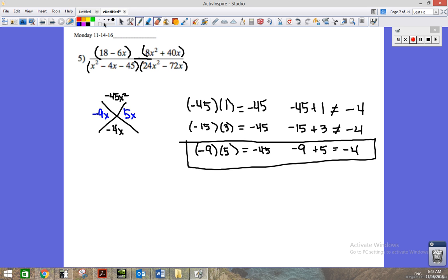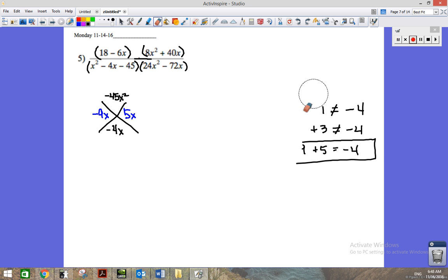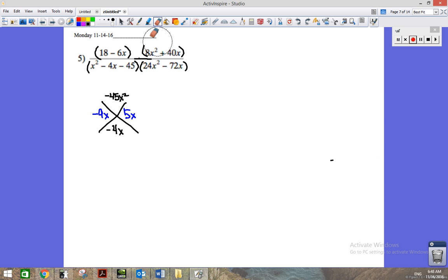Alright. Now, the true advantage of this x method is really when the leading coefficient, when the number in front of here is different than 1. That's when this table that we're going to make really pays off. But right now, some of you can get away with not making this table. And I'll tell you why here in just a second.